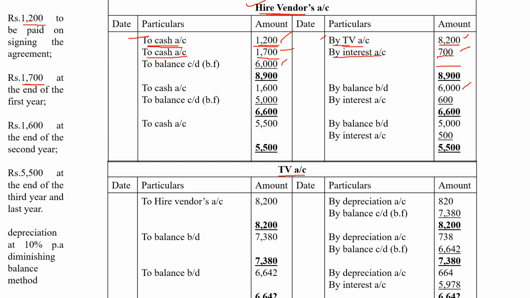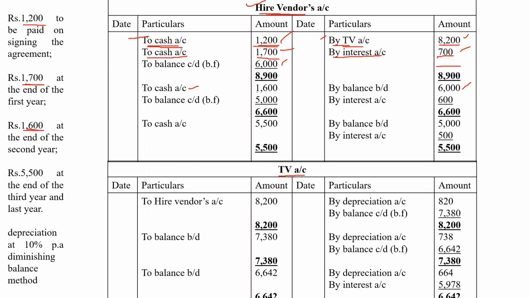Okay, so in the first year we had 4 entries. From the second year onwards, we will have only 2 entries. One is interest due, the other is the installment payment entry. Interest due will be on the credit side, installment payment will be on the debit side. So on the debit side to cash account, since this is the second year, I am writing the second installment amount.